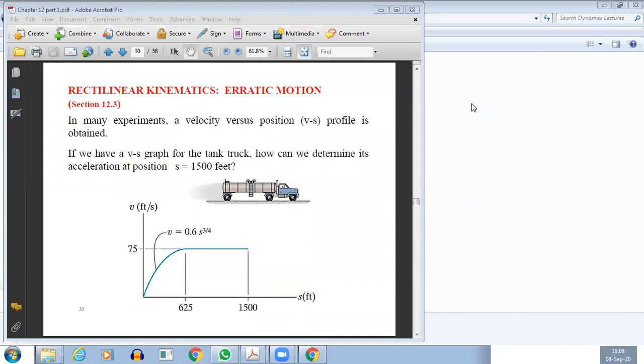For example, normally if I go somewhere by car, what will happen? Initially, my car is stationary. I'm going to turn on my car and start from rest. If I'm on a steady road, there will be some acceleration, and after that my car will reach the speed I want.